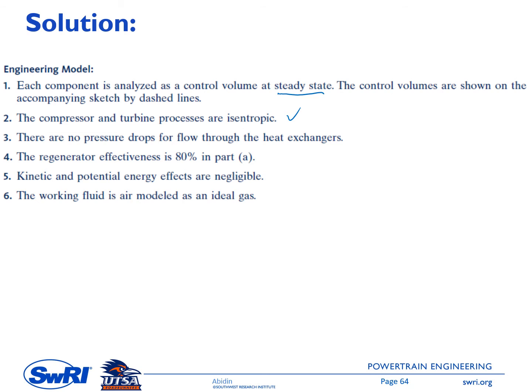There is no pressure drop for the flow through the heat exchangers, so inside the regenerator and inside the combustor there is no pressure drop. The regenerator effectiveness is 80%, and we can ignore the impact of kinetic and potential energy changes. The last assumption is that the working fluid is 100% air and can be modeled as an ideal gas.